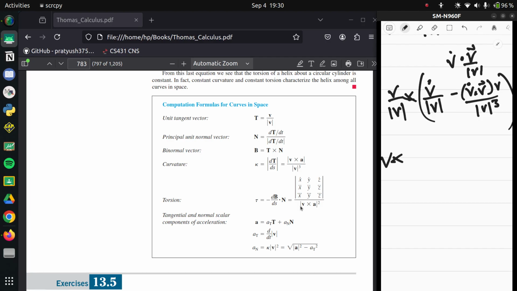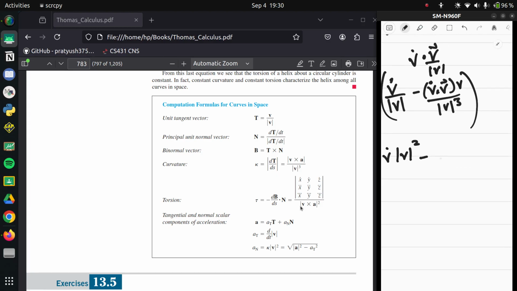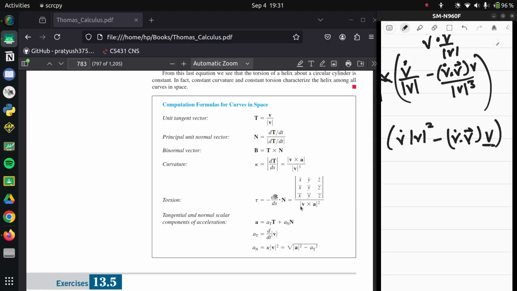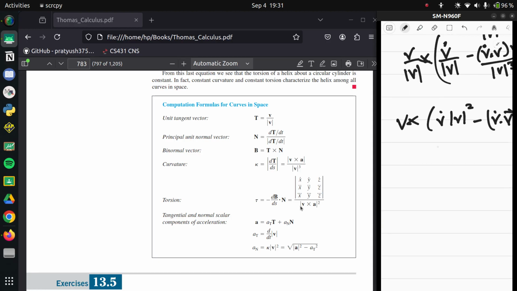So just v cross, so multiply by v squared, so we just have something like v dot magnitude of v squared minus v dot v vector and v, something like that, right? Okay, so doing a cross product with v, this would really just be 0. So it would be something like v cross v dot, make this into a unit vector basically.